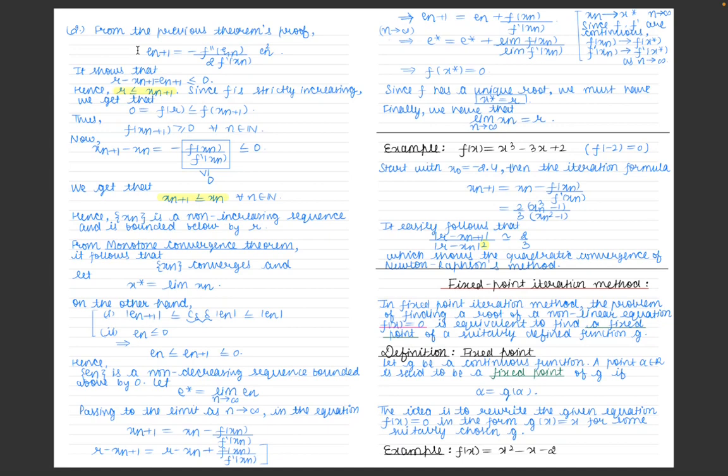Together, from the monotone convergence theorem, it follows that x n converges, and let x star be its limit. And what about e n?